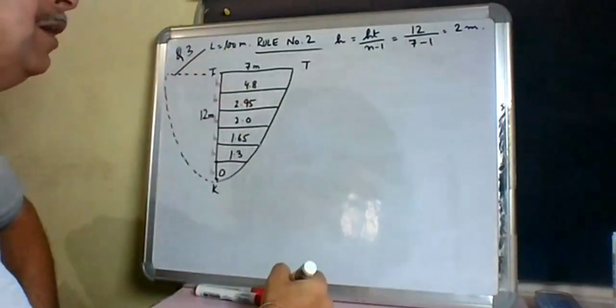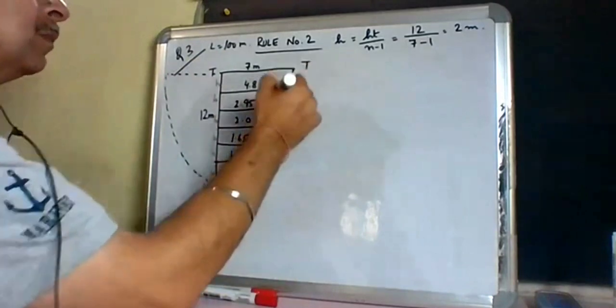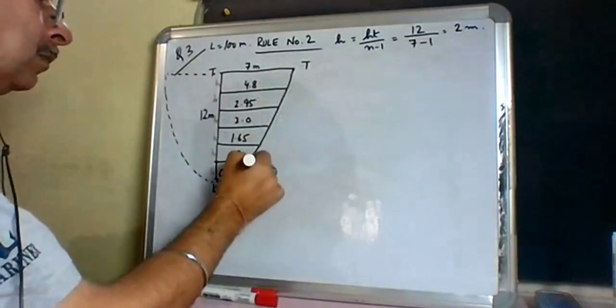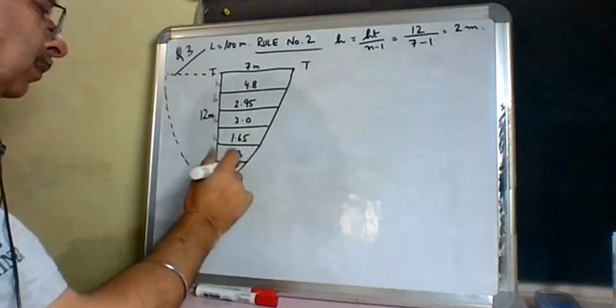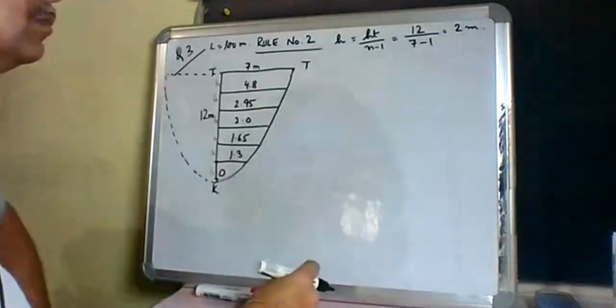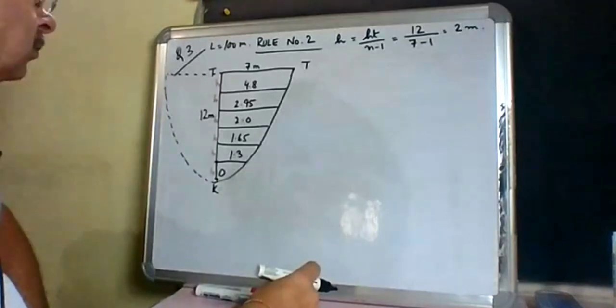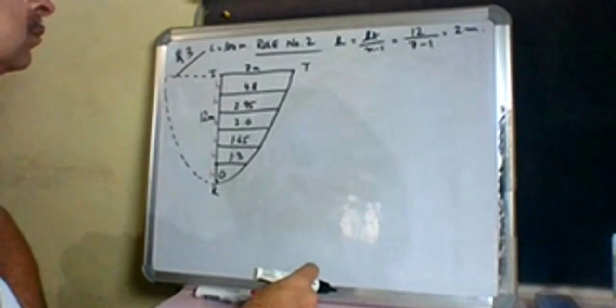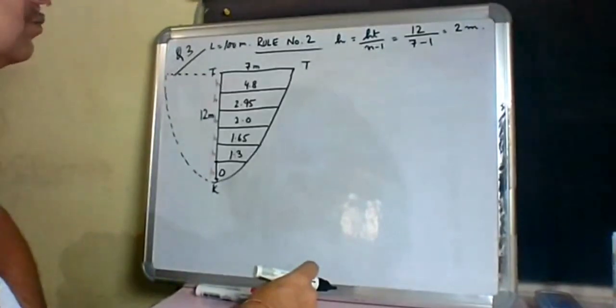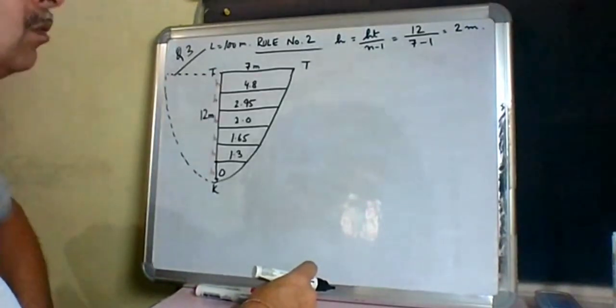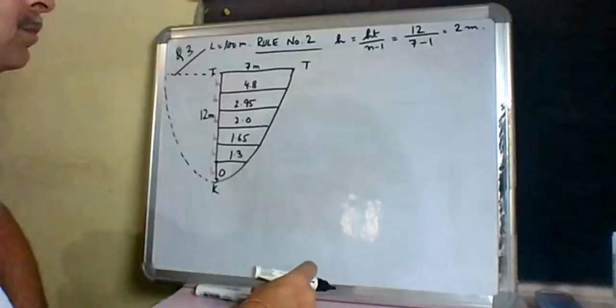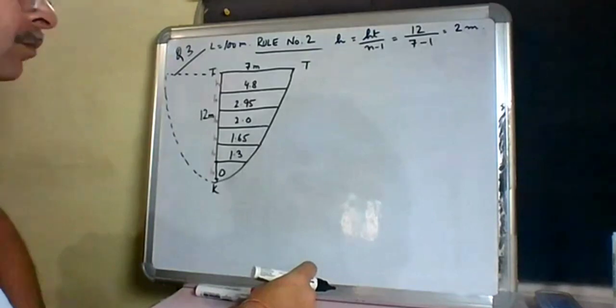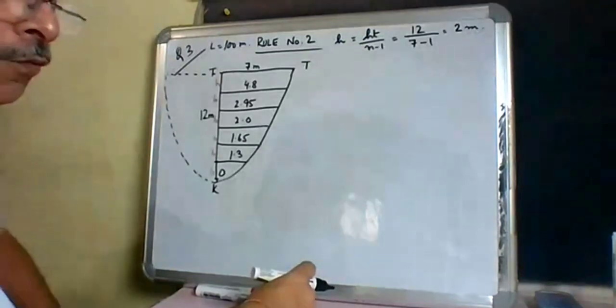So having done that, now n is 7. Which rule would you like to use?